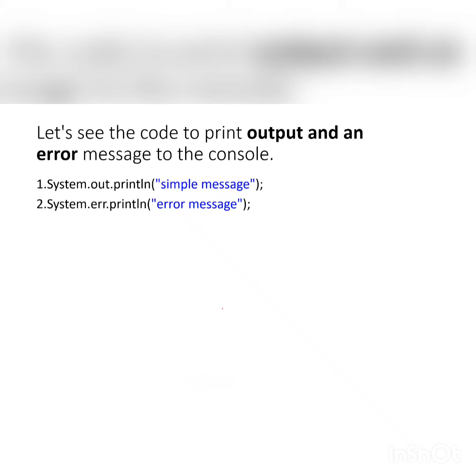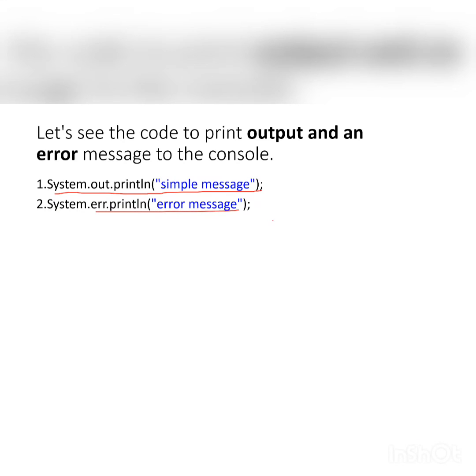So this is a sample example of how we can print a message with the help of the output stream. System.out.println is the code that is used to print to the output stream. And to print an error message, we use System.err.println as the code.